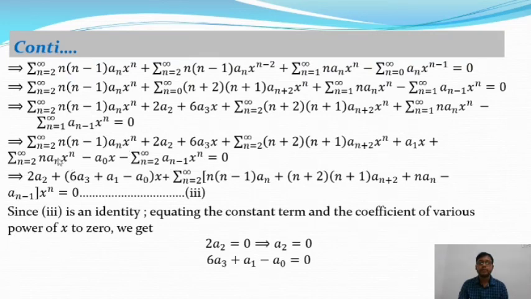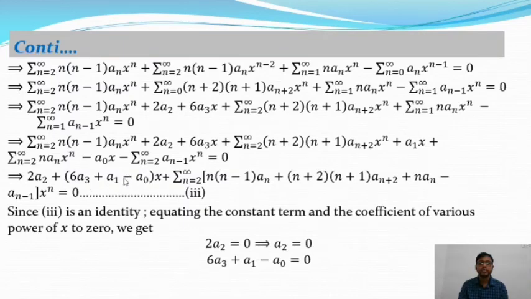Therefore this equation will reduce to 2a2 plus (6a3 plus a1 minus a0) x plus the summation over the rest, and we can call it equation number 3. Since equation 3 is an identity, equating the coefficients of the various powers of x to 0, first we take 2a2 equals 0, so a2 equals 0.